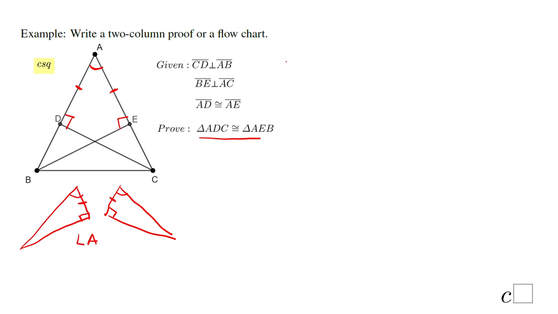to have another example. So we're going to start with CD perpendicular on AB, and we can separate these two statements, the first two statements if you want. Let's see how that looks. This is given. From this one, if you remember, we can say angle ADC is a right angle.